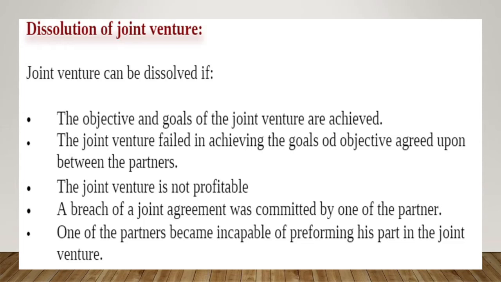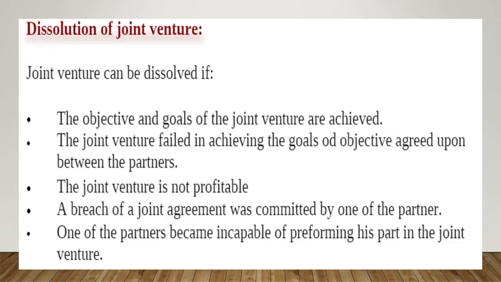If the joint venture failed in achieving the goals or objectives agreed upon between the partners, if the two or three partners started the business but that business is not able to achieve the goals, then also they can dissolve. In between, they may think that the joint venture is not profitable. A breach of joint agreement was committed by one partner, or one of the partners became incapable or insolvent, then also the joint venture can be dissolved.